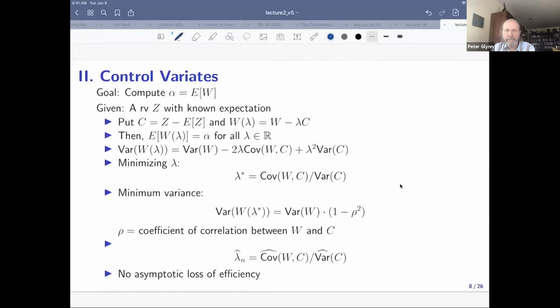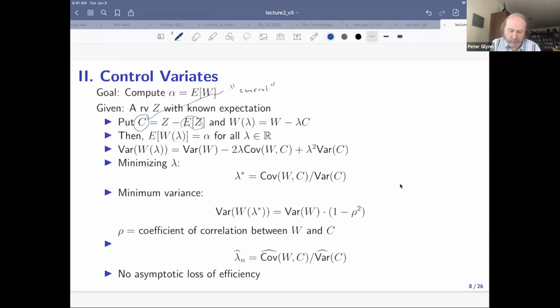So we have, quite obviously, lots of input quantities that go into our simulation that have known expected values. So assuming now that we have a random variable Z available to us that has a known expectation, we can center that random variable Z, subtract off its expected value because we know what the expected value of Z is. That gives us a random variable C that I'll call the control variable, the control random variable.